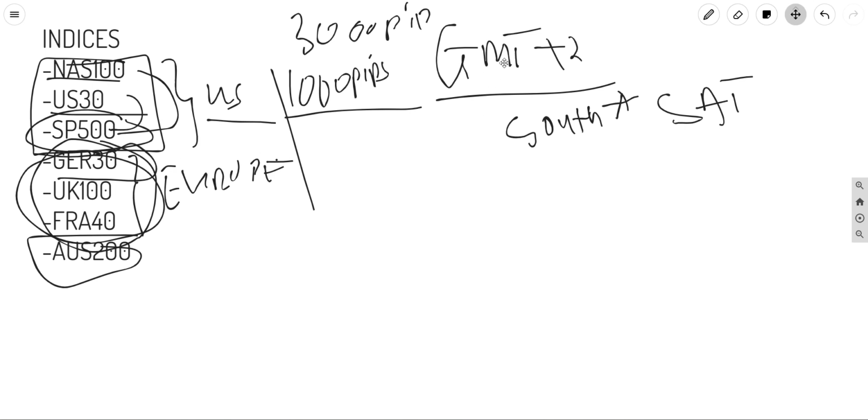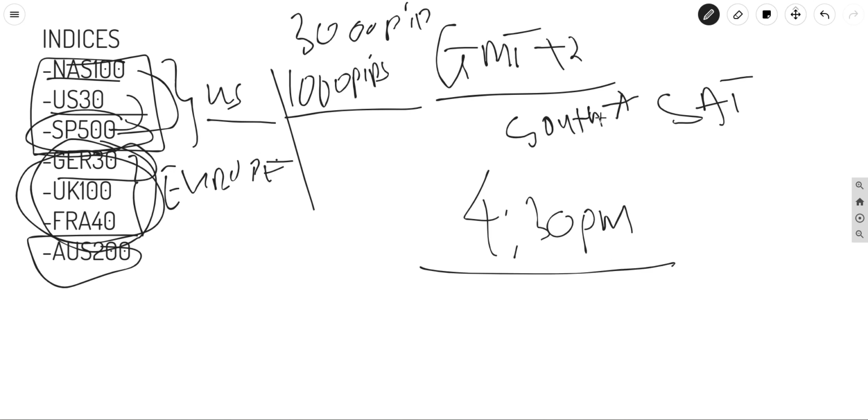Based on our time, NAS100, SP500, and US30 normally react around 4:30 p.m. No, not 4:30, it's 5:30.